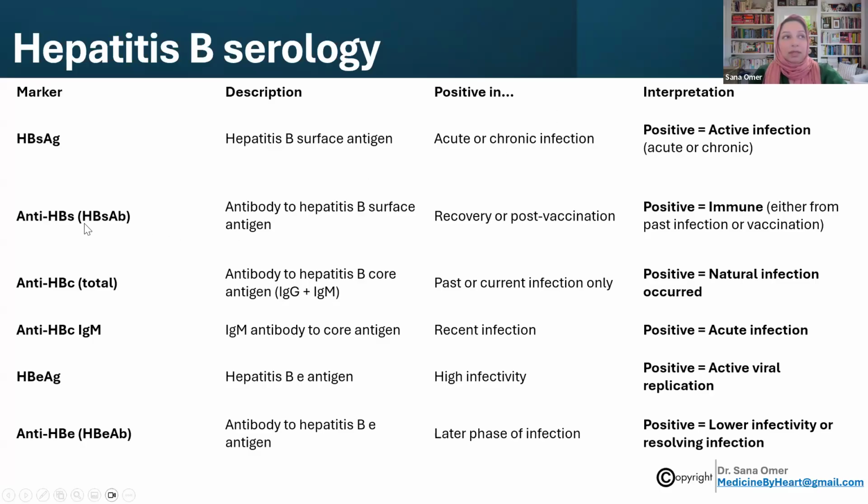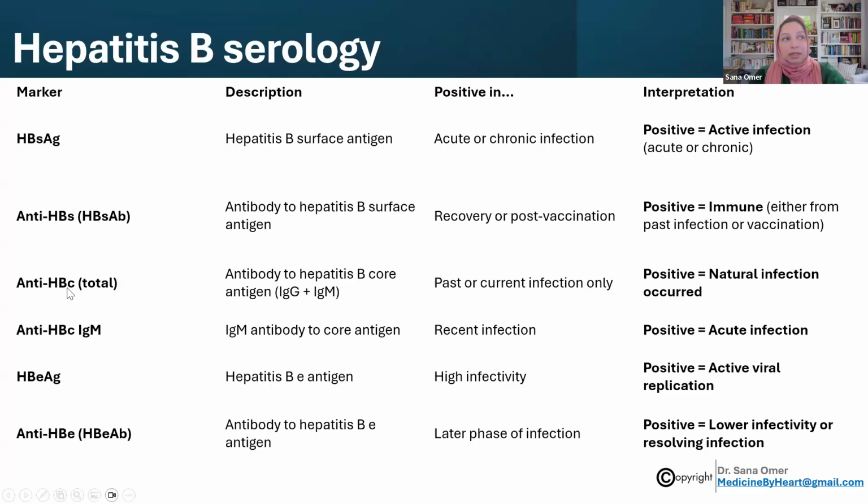Now, if anti-HBs is positive in the report, that means that person has recovered or has been vaccinated. Due to either of those two reasons, that person has antibodies, so they are immune. Their immunity is either due to past infection or vaccination.